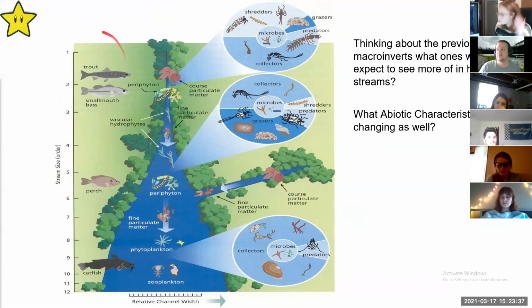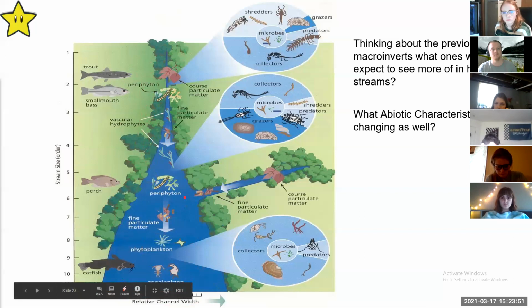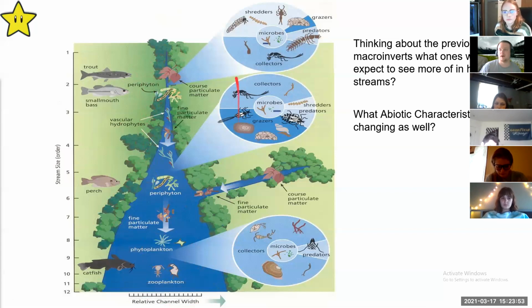So this is trying to integrate all the physical and biological processes that change as you go from the headwater streams down to the mouth of a river. So in the headwater areas, the stream's going to have a much steeper gradient, it's narrower, and there's a lot more overhanging vegetation.